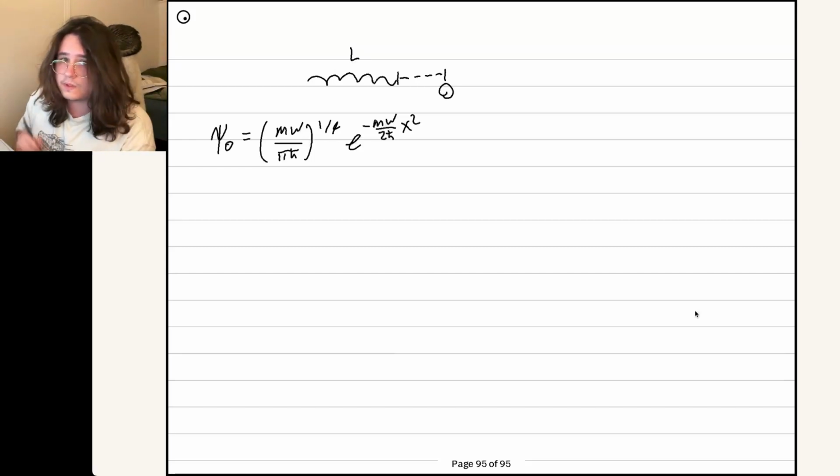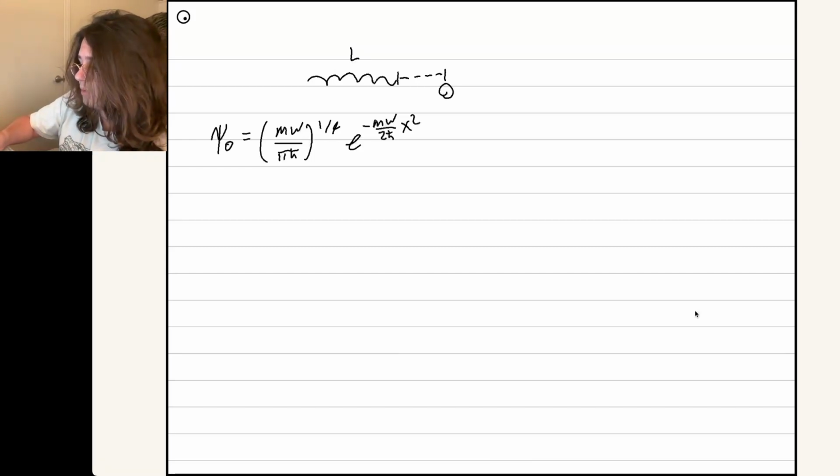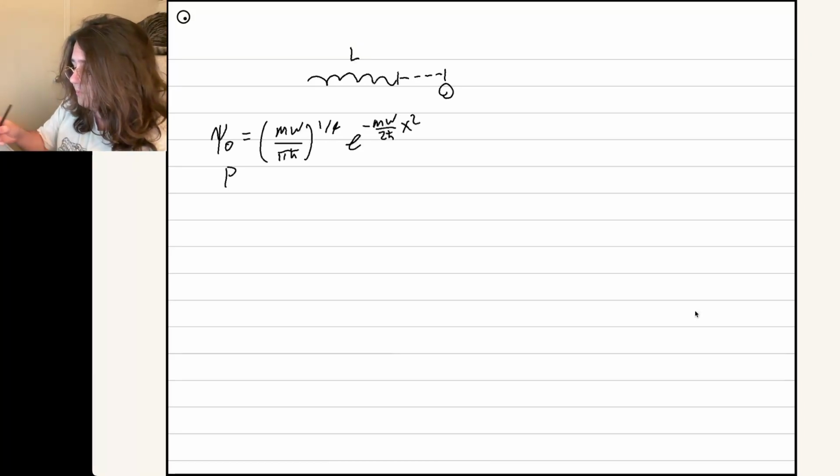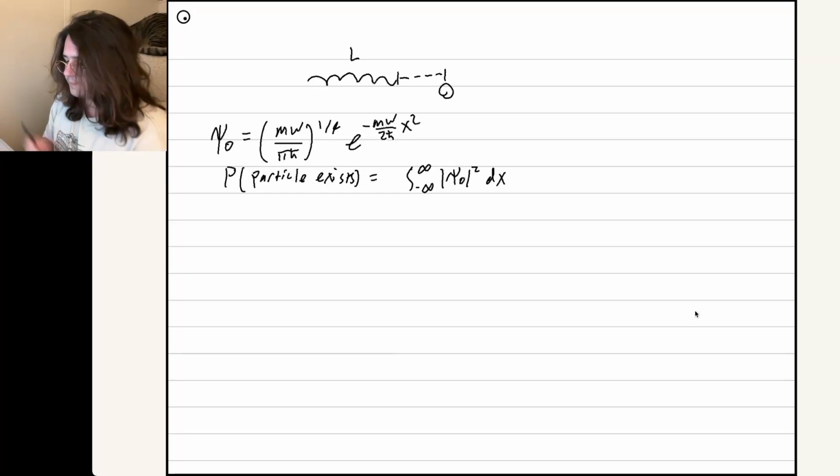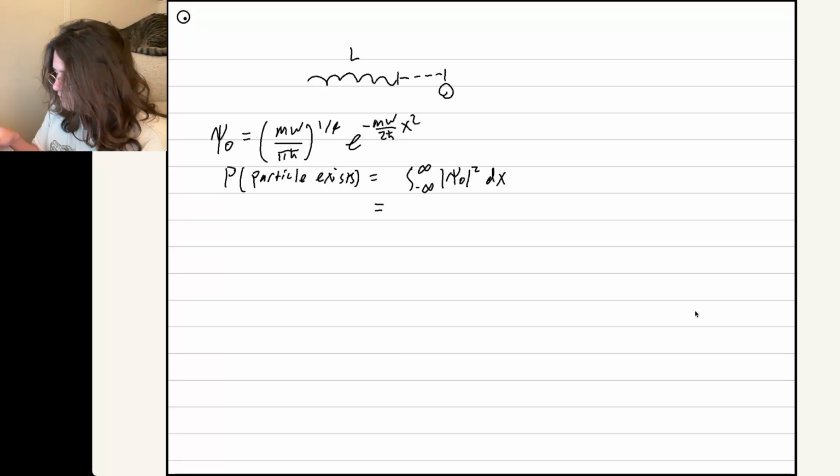If you want to calculate the probability that you find the particle anywhere, given this wave function, it's just the integral over all space of the square modulus of this wave function dx, which we know is equal to 1 because the wave function exists.